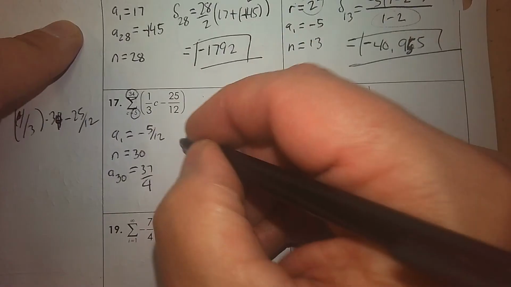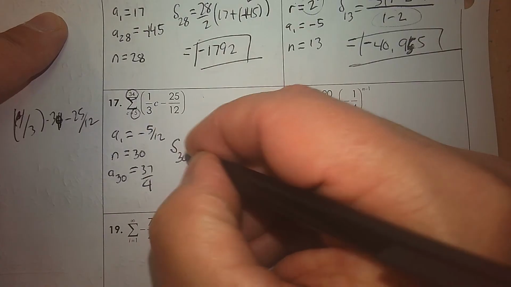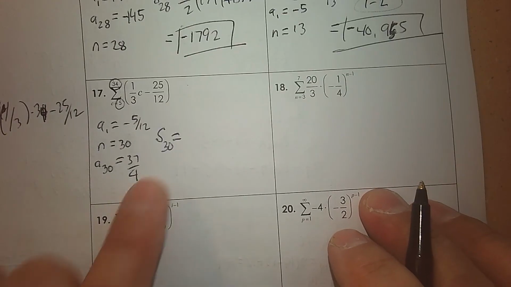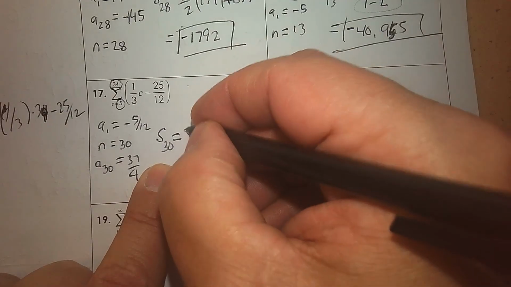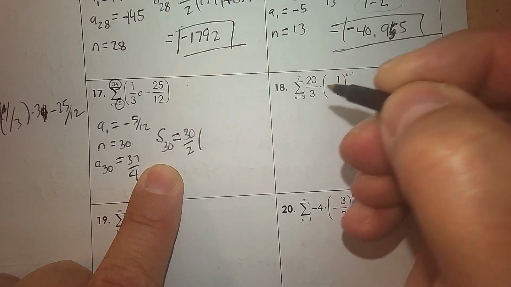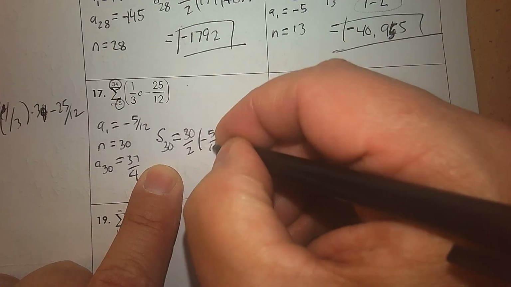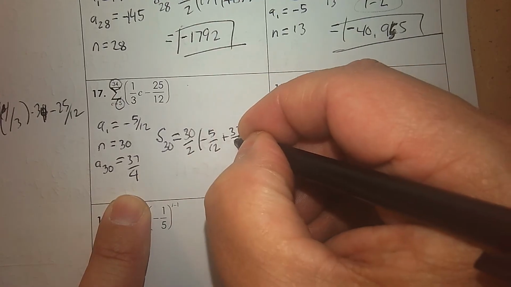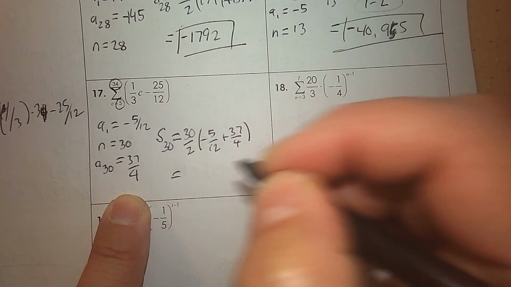And then the sum of how many terms are we adding up? 30. What's the setup? 30 over 2, then negative 5 over 12, plus 37 over 4. Now use your calculator.